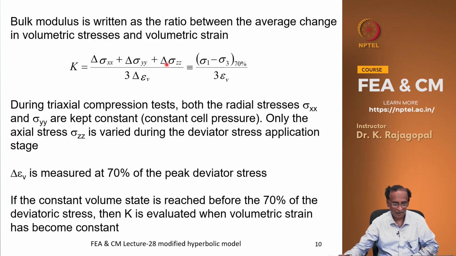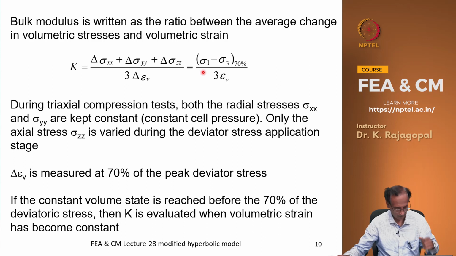So the bulk modulus is related to the deviator stress at 70% strength level, divided by 3 epsilon v.